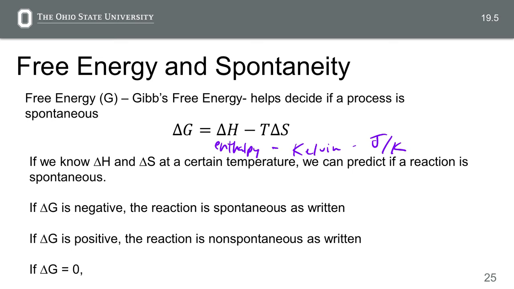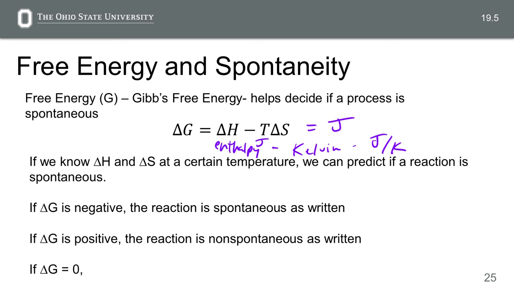So enthalpy is going to be given in joules. So we're going to have Kelvin times joules per Kelvin in the T delta S. That's going to give us joules. And we're going to have joules minus joules. So delta G is going to be written in joules or kilojoules. I think mostly we see it in kilojoules.